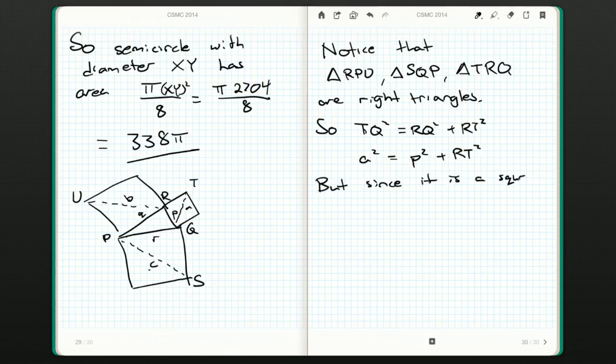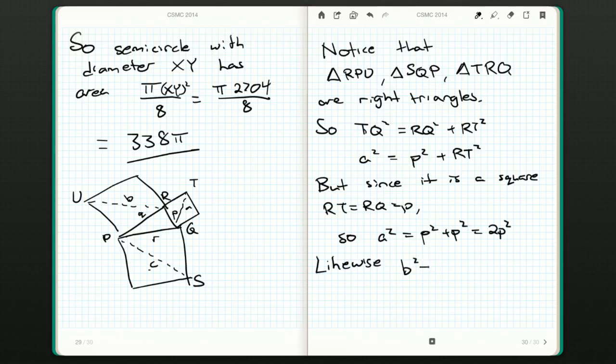But since it's a square, RT equals RQ, which was P. So A squared is equal to P squared plus P squared, or 2P squared. In the same way, we can get B squared and C squared are 2Q squared and 2R squared, respectively.